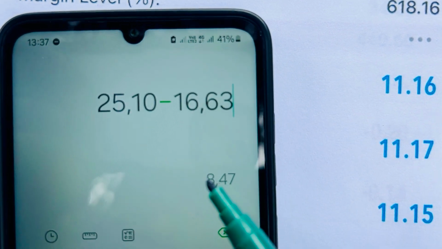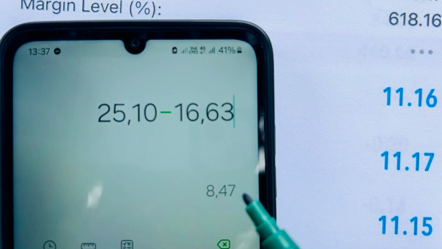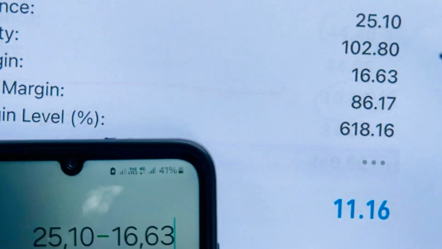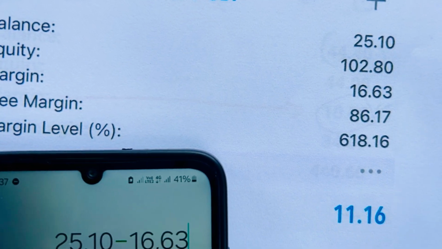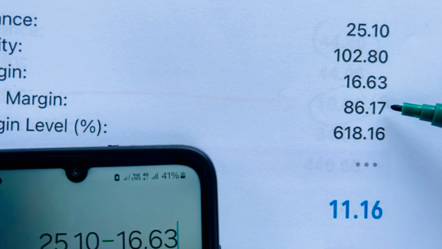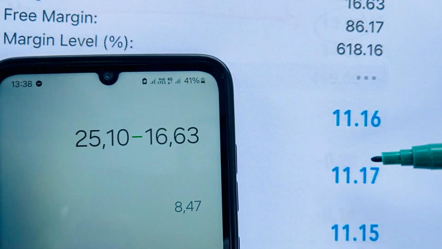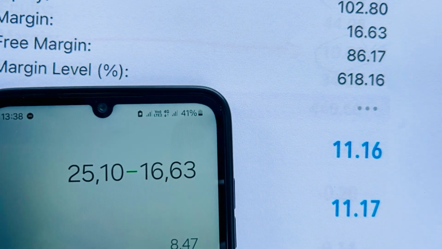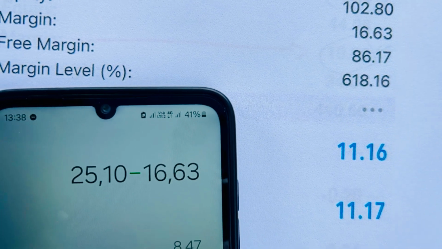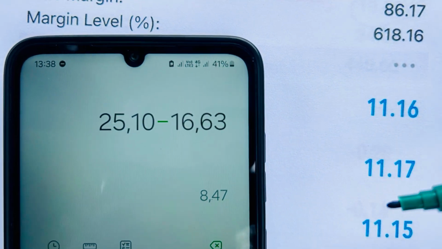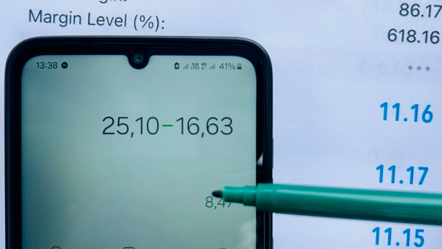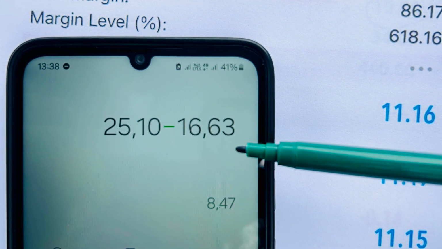You see now we're left with 8.47, which is the money that is left in free margin when I opened these trades, right? So meaning that if right now I have that 8.47, I'm still going to risk this amount of money.